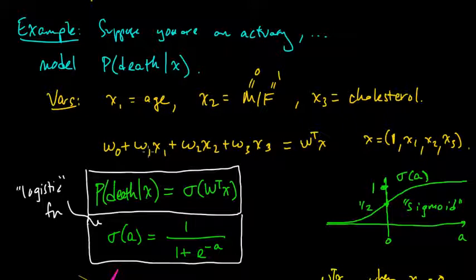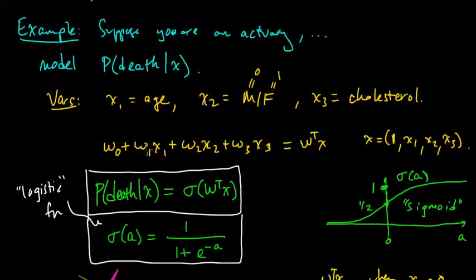If W1, say, is positive, then when the age is getting big, the probability of death is getting larger. So a positive coefficient means that the probability of the event increases with that variable.